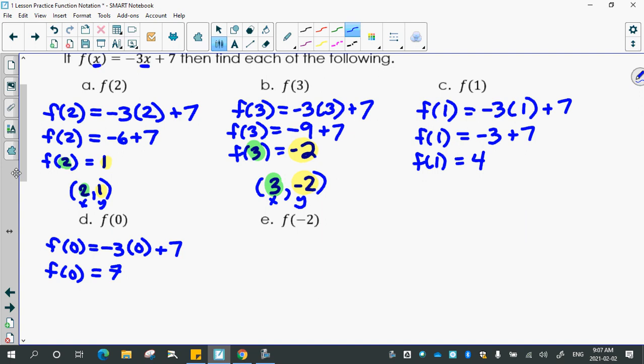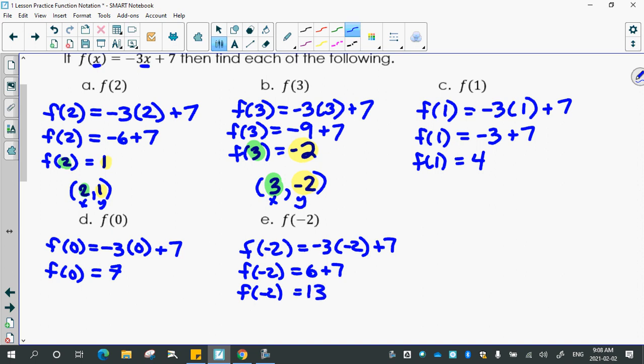And then try E. Try to find f at negative 2. Watch the two negative signs.